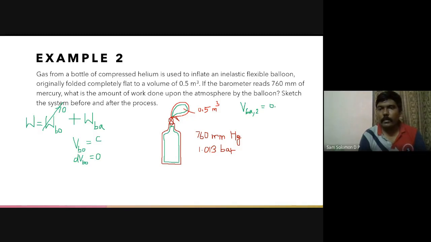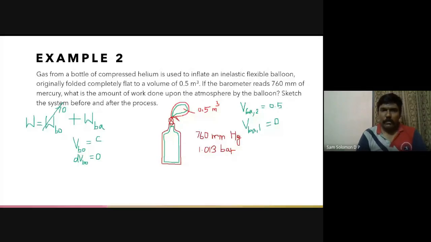V_BA1, the initial state, is equal to 0 because it was flat. There was no volume for the balloon at that point of time. So the change in volume dV is 0.5 minus 0, that is 0.5 meter cube.